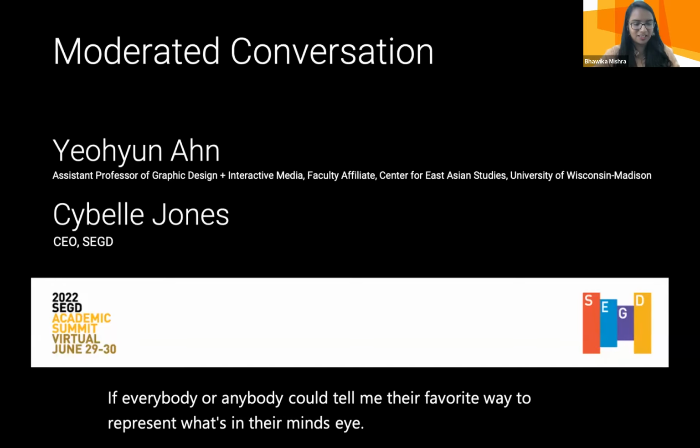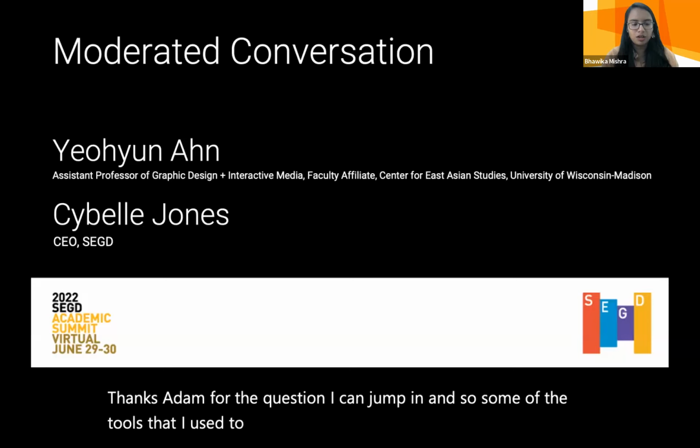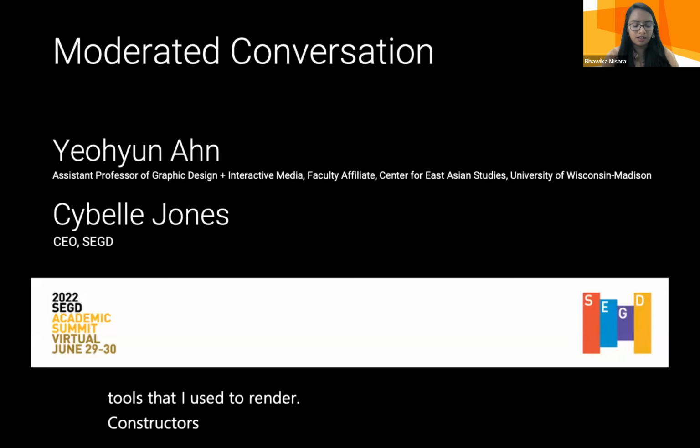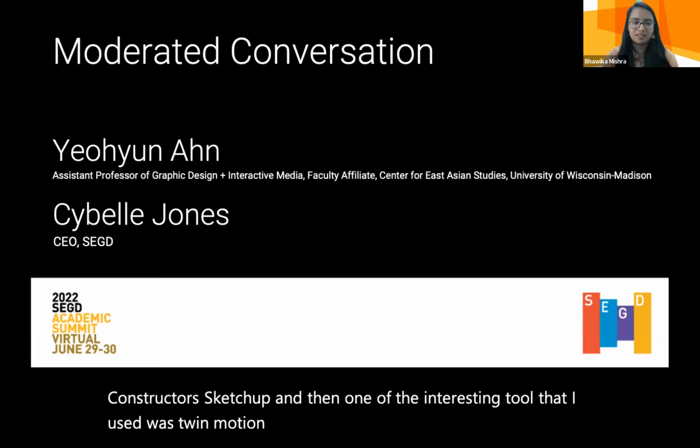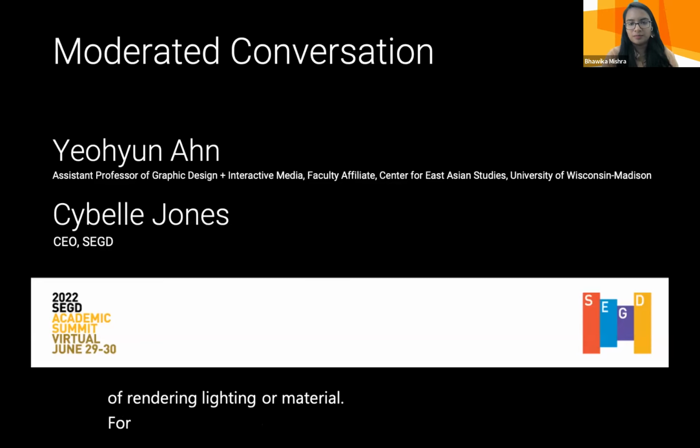Thanks, Adam, for the question. I can jump in. Some of the tools that I used to render were SketchUp, and then one interesting tool was Twinmotion for rendering, which has a very realistic way of rendering lighting or material for my SketchUp models.